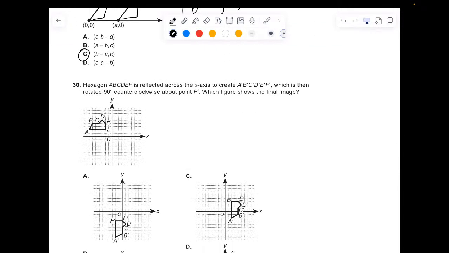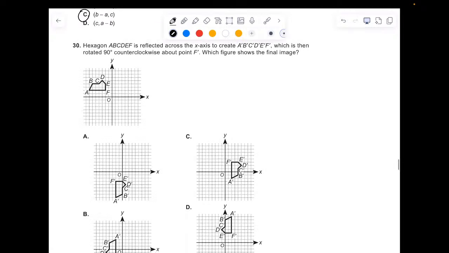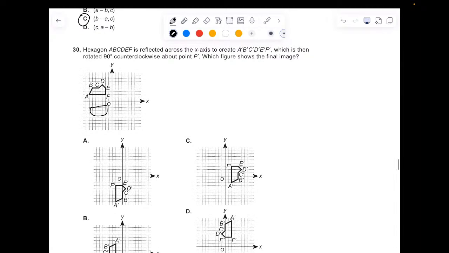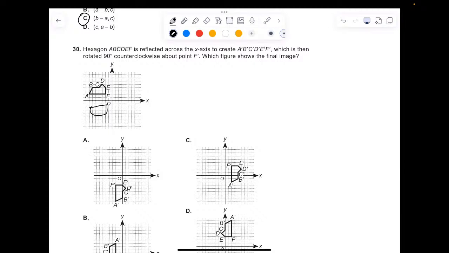Hexagon ABCDEF is reflected across the x-axis. Okay, so it's going to be some shape here, which is then rotated counterclockwise about point F. Oh my goodness. Counterclockwise is going to be... Alright, let's just grab a point. 1, 2, 1, 2. We got a point there.